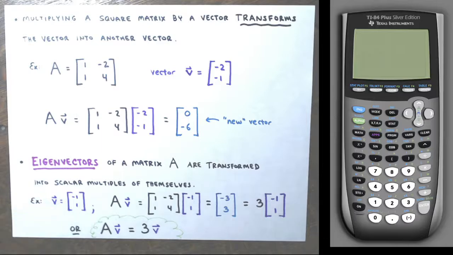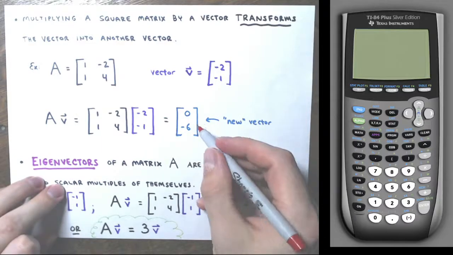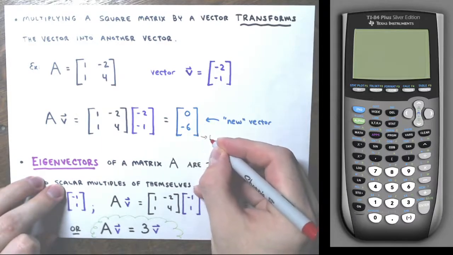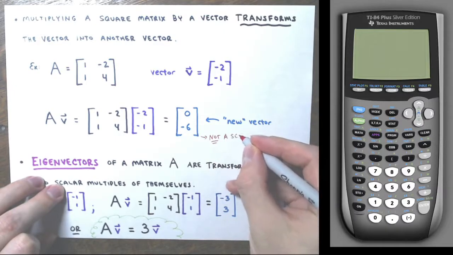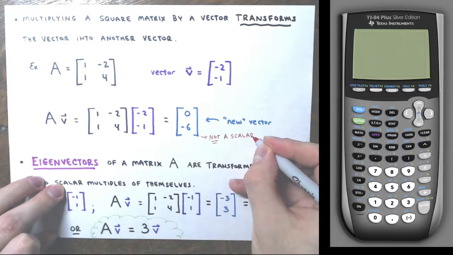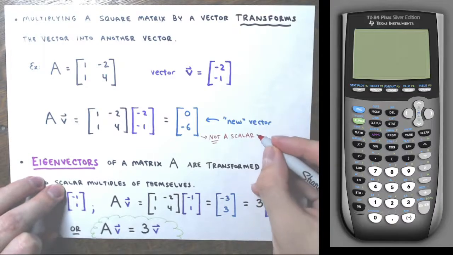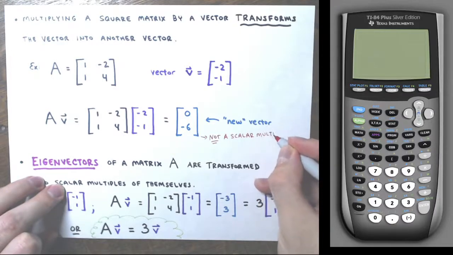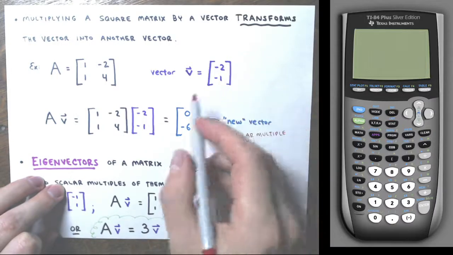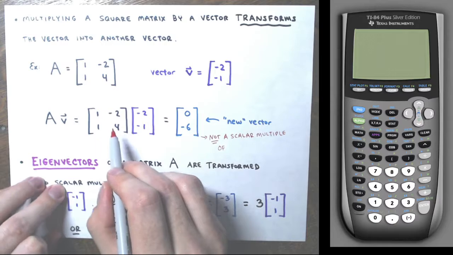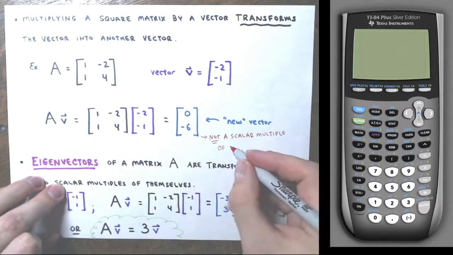So like I was saying, this output vector 0, -6 is not a scalar multiple of my input vector, the vector I multiplied the matrix by, -2, -1.